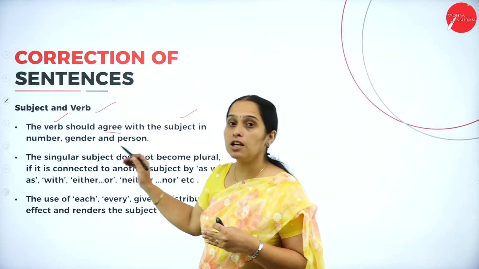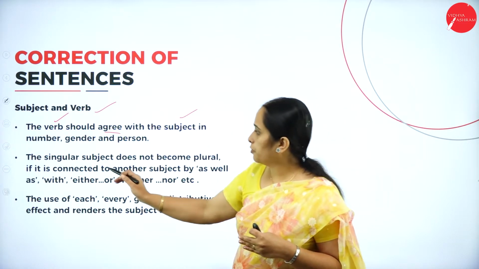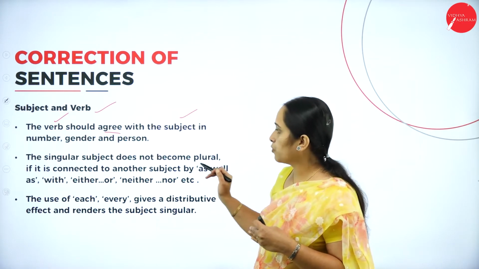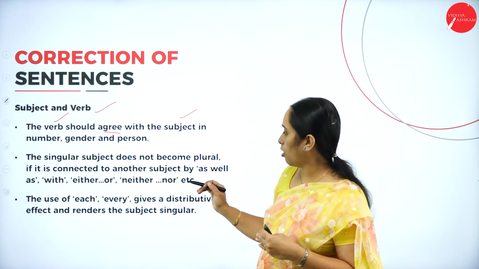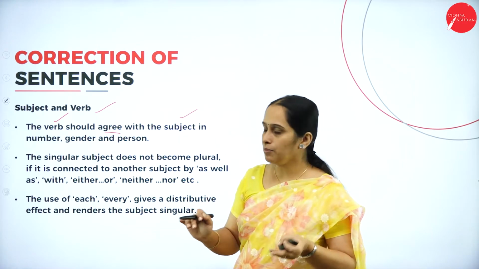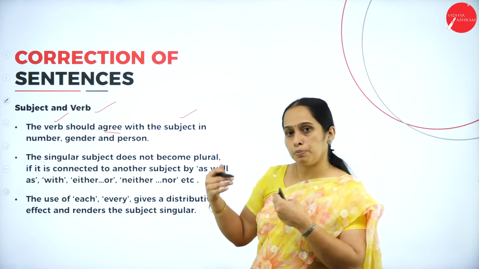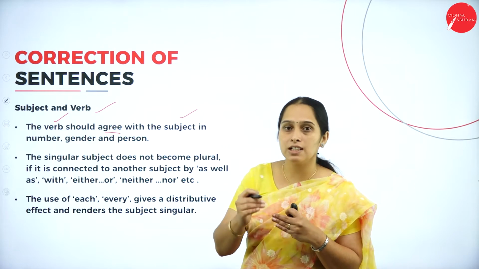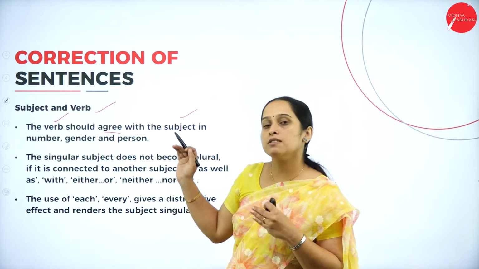Next, the singular subject does not become plural if it is connected to another subject by as well as, with, either or, neither nor, etc. Got it? The singular subject will not become plural when we connect it with another subject using as well as. It remains singular itself.